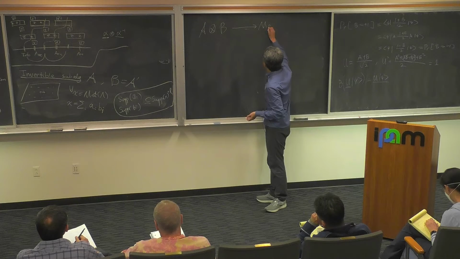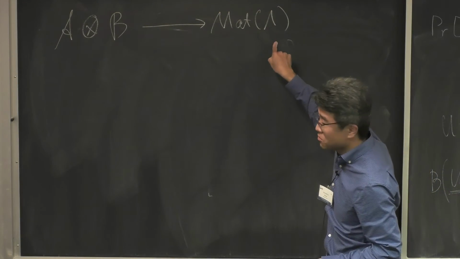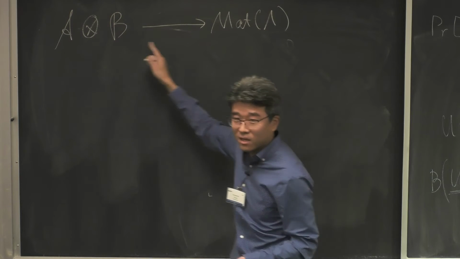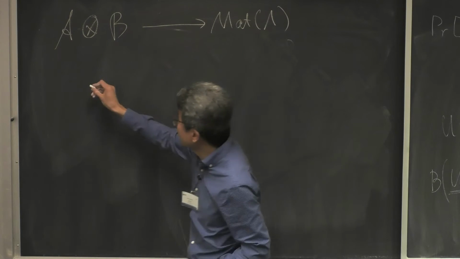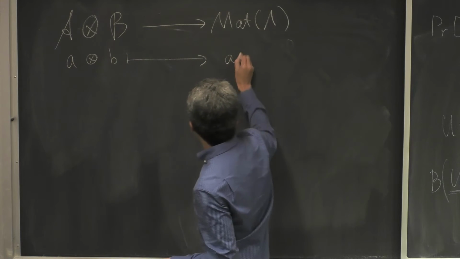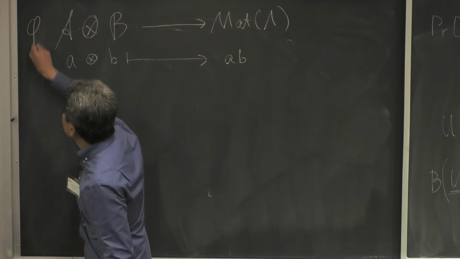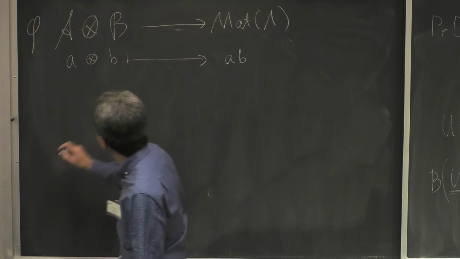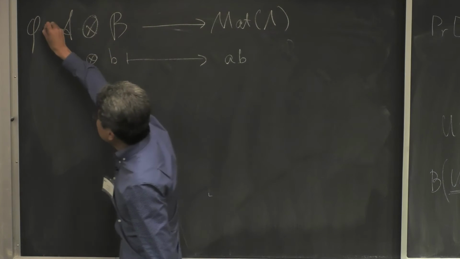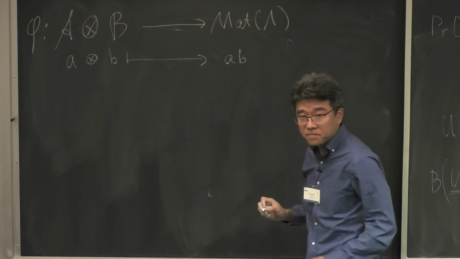And then I consider the multiplication map into the mother algebra. Well, they are subalgebras, so they have a multiplication map, where A tensor B is mapped into AB. And the equivalent condition for this is that this map has an inverse that preserves locality.